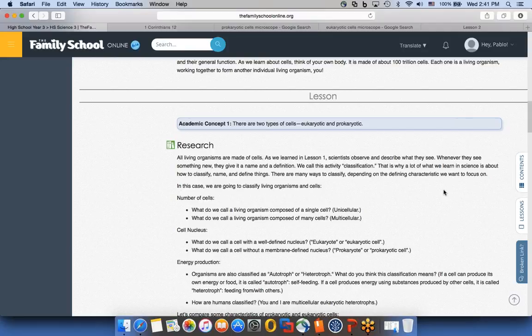Haley says by the number of cells. Excellent. So what would be the classification if we are talking about the number of cells? We can certainly do it by the kind of cells, if there are single cells or many cells, or the type of nucleus.